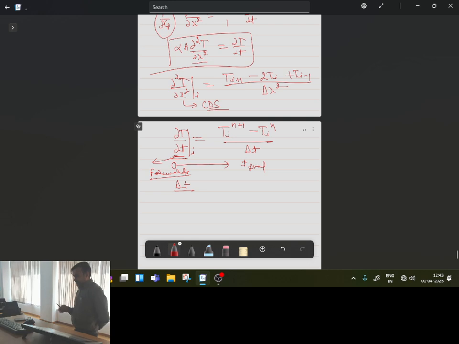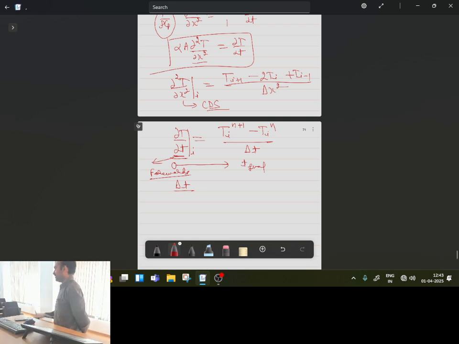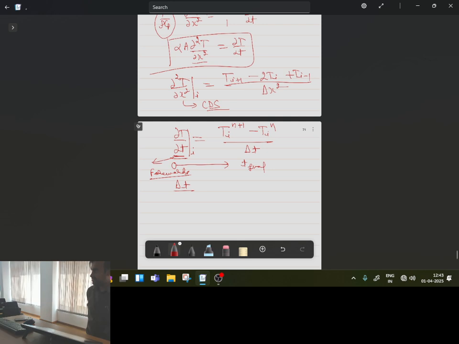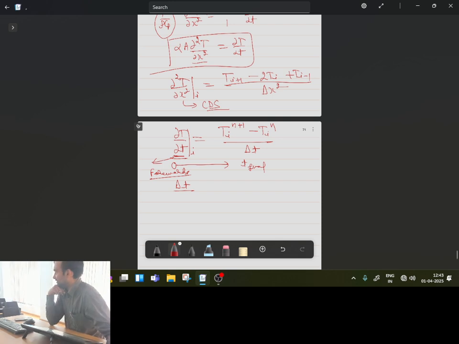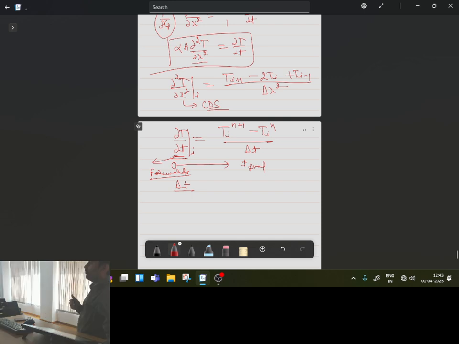Based on the present, I can move forward in the time direction. Is this clear? That's why for time we use the forward difference scheme, but for space we use the central difference scheme, which shows dependence on the forward as well as the backward cell. There is a reason for using this dependence also. I will explain further why we are using the central difference scheme.